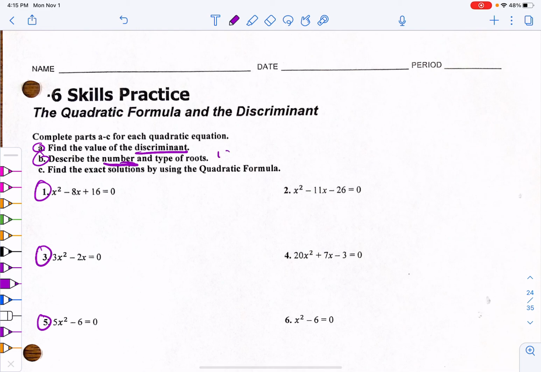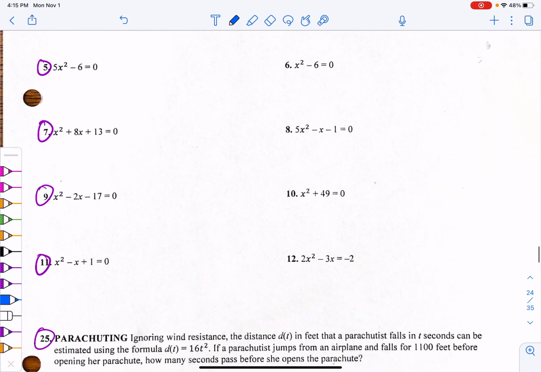So you either have 1 solution, 2 solutions, or no solutions, okay? One solution is when D equals 0, 2 solutions is when your discriminant is positive, and when your discriminant is negative, you have no solution. So there's a little key code for you. And then part C is doing the full-blown quadratic formula, okay? So A, B, and C on each part.